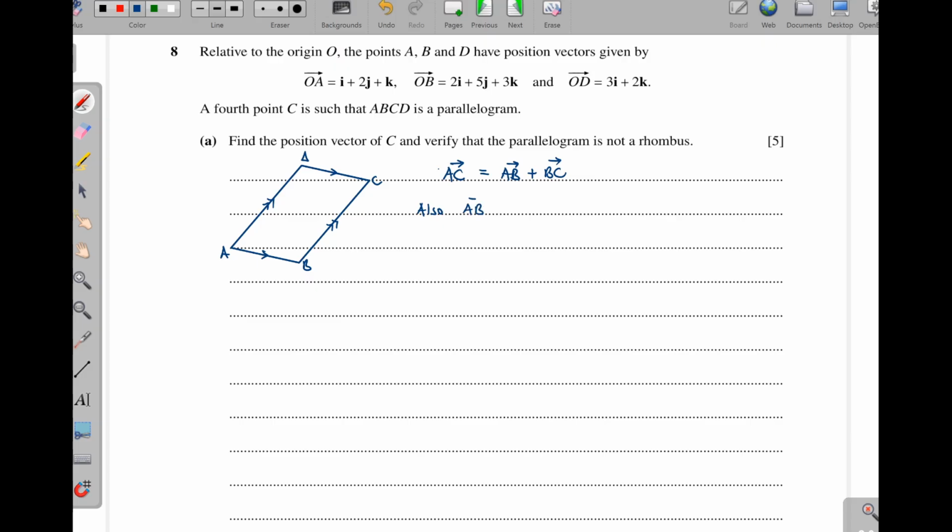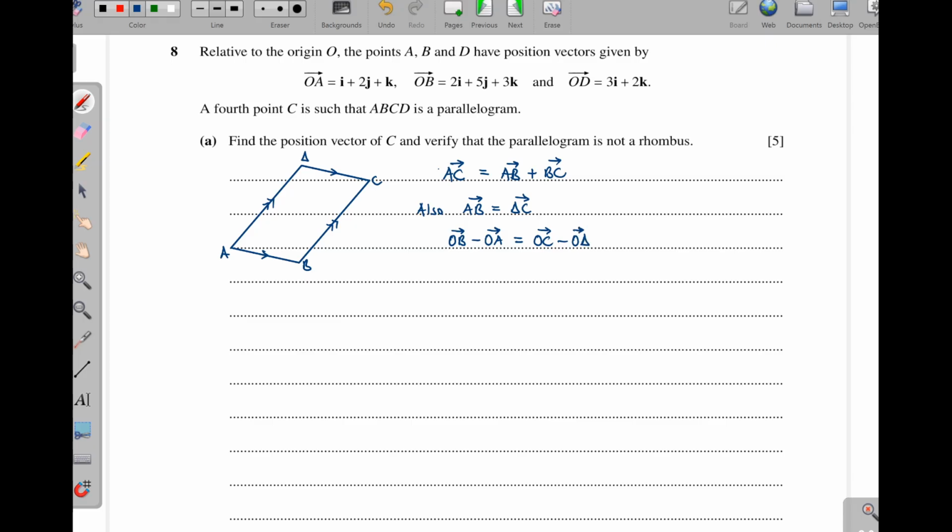AB is equal to DC. You can use whichever you want. So in vectors, of course, I can get the last minus the first. If you have been following me, now you know this, that AB is the same as OB minus OA. Then this one will be equal to this OC, DC here will be OC minus OD.